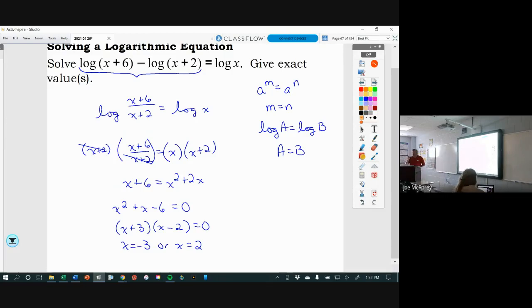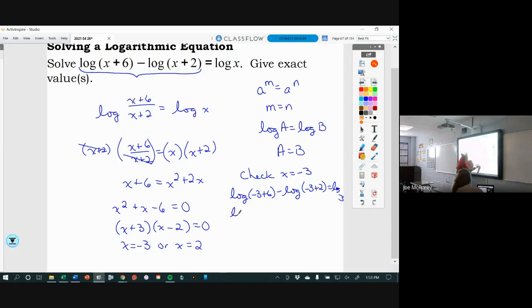So all along, we should be checking our answers. I've been skipping it. We are going to go ahead and check this one. So let's check x equals negative 3. If I plug negative 3 into the original problem, I have log of negative 3 plus 6 minus log of negative 3 plus 2 equals log of negative 3.